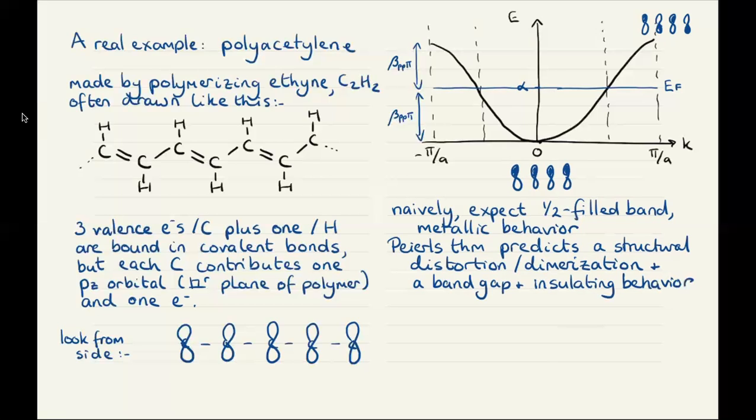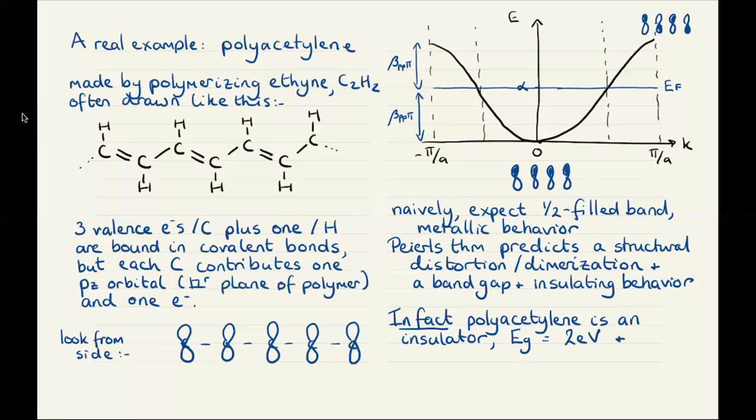And so what happens, in fact, is that polyacetylene is an insulator when it's not doped. The band gap is 2 electron volts, so it's quite a large gap. It's definitely a convincing insulator.